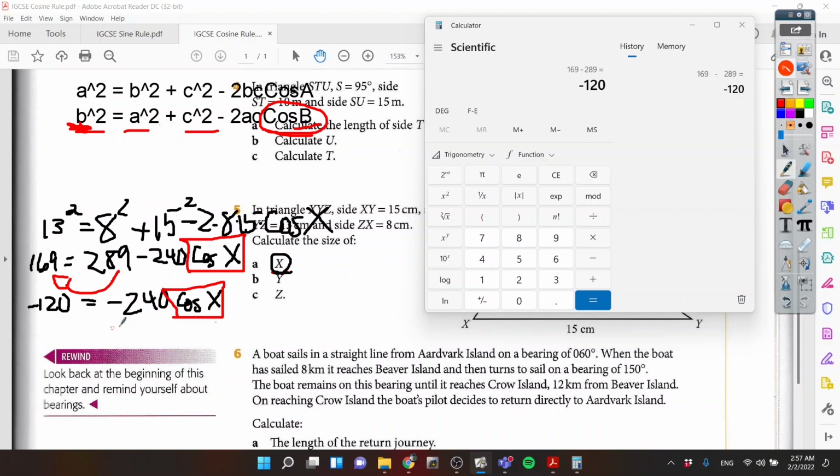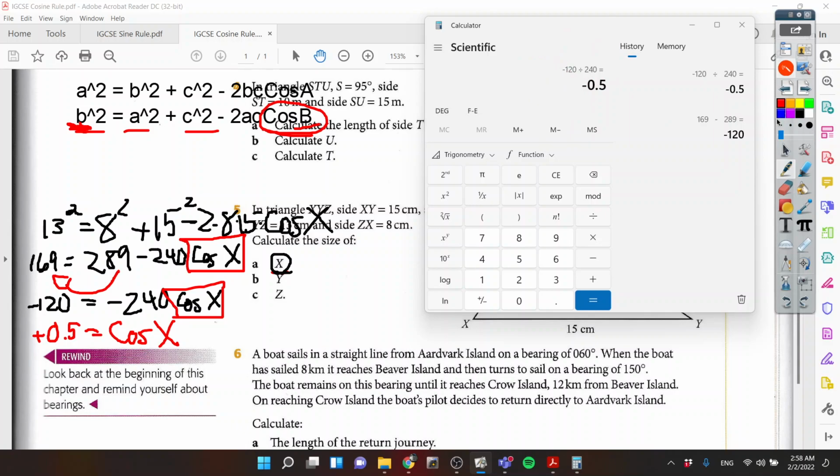So next I'm going to divide by 240. So negative 120 divided by 240 is negative 0.5. Wait, those should both be negative. My bad. Negative 240, positive 0.5, positive 0.5 equals cosine x. And sorry, I switched colors. I didn't mean to do that.